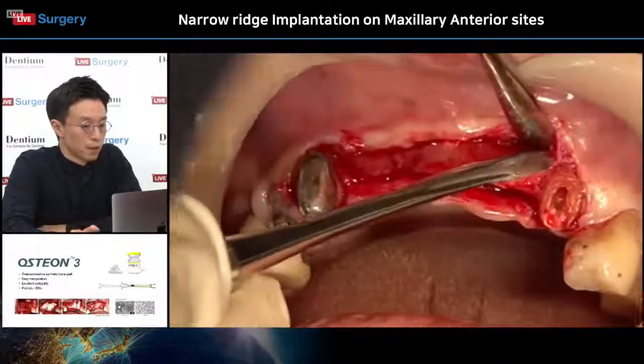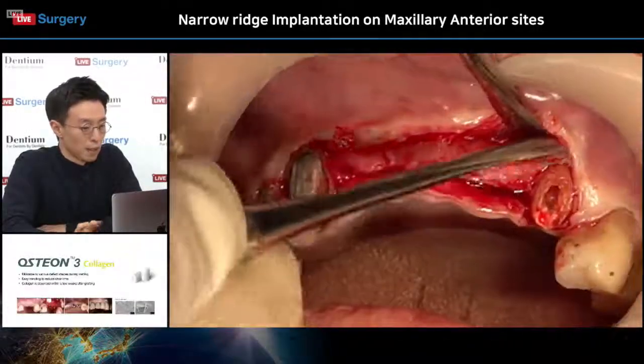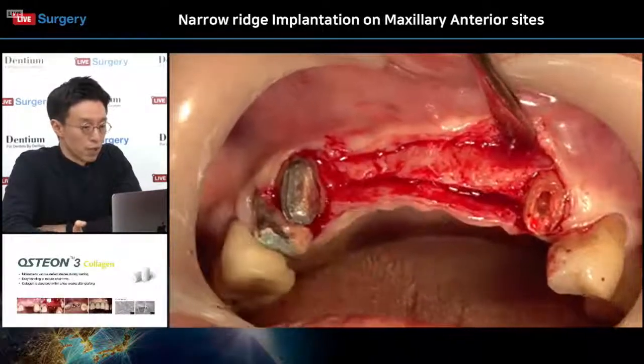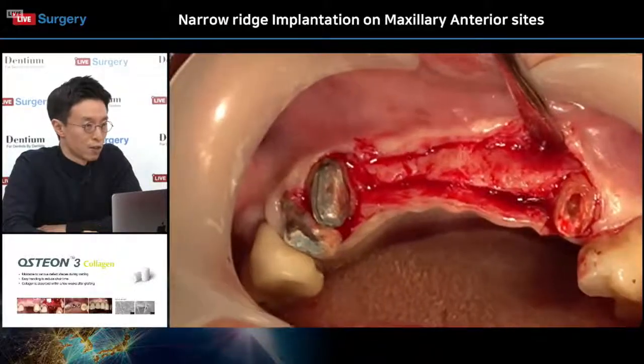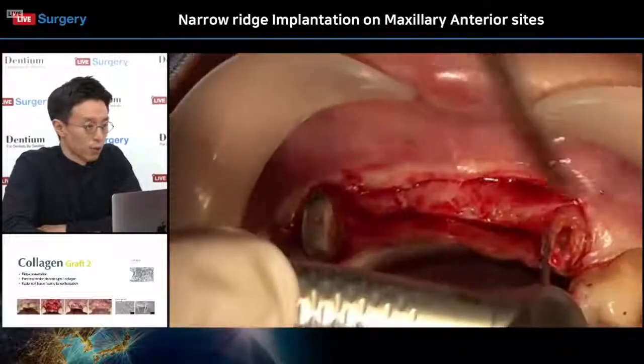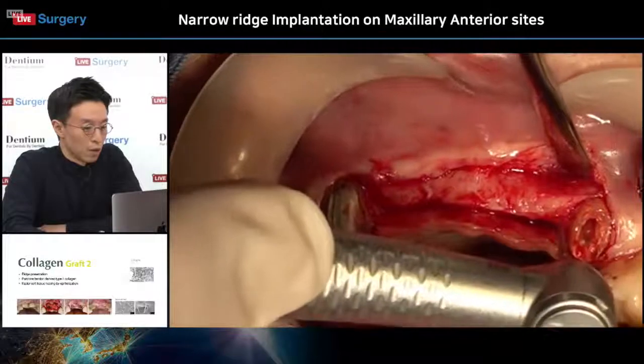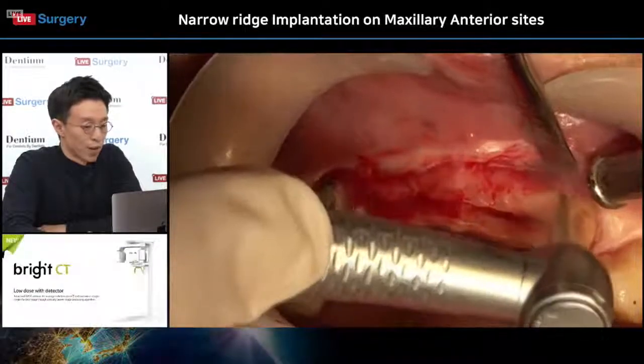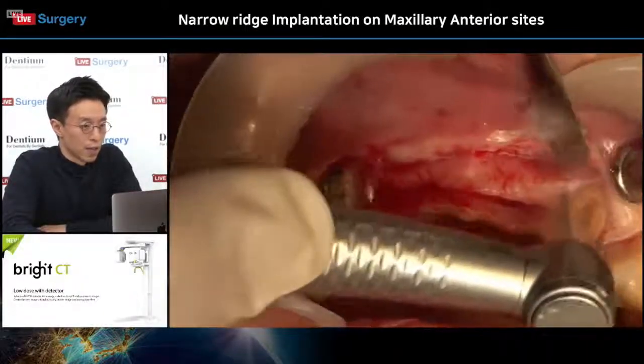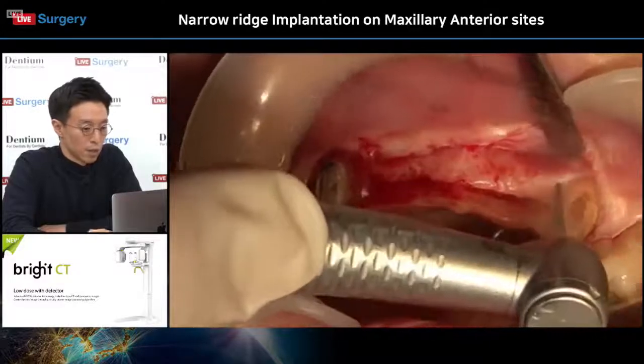If we place the crest incision palatally or lingually, it is not difficult to cover the graft bone with the buccal or labial flap and connect the healing abutment.